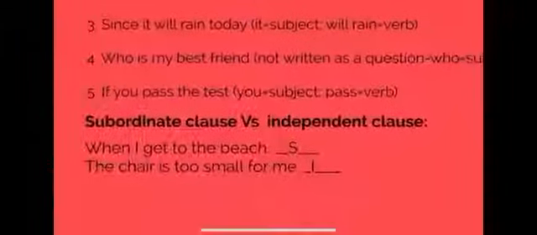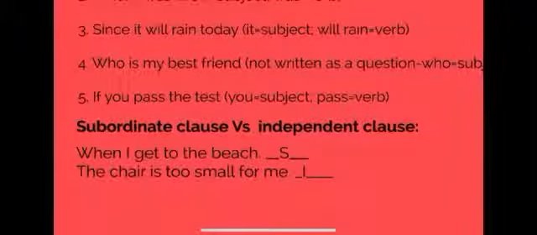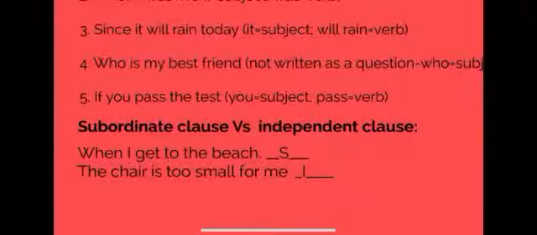Okay, so now subordinate versus independent clause. Here you can see the difference. When I get to the beach, it's a subordinate clause. Then what will you do? There's no complete sense. It's just written, when I get to the beach.